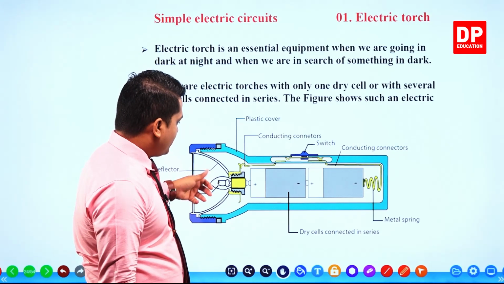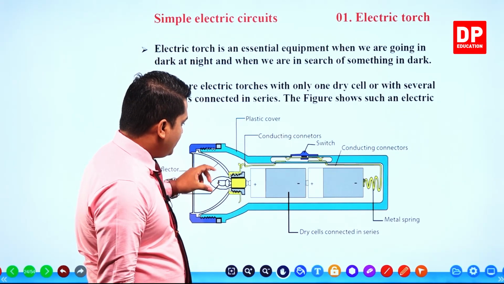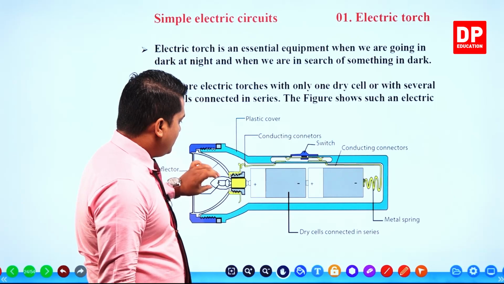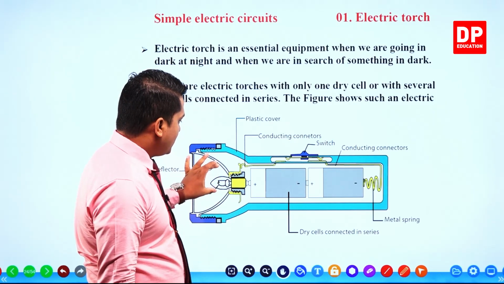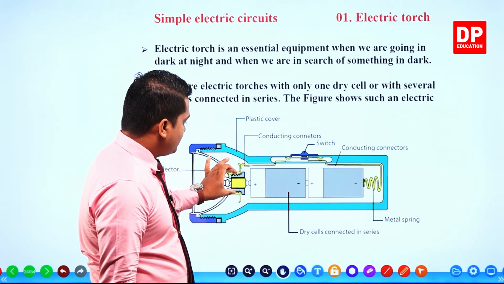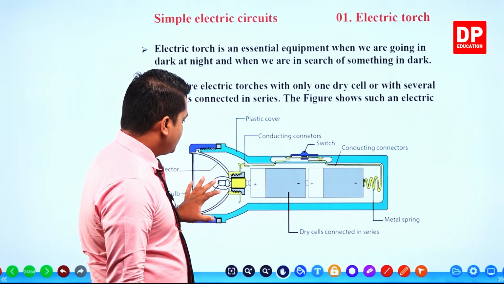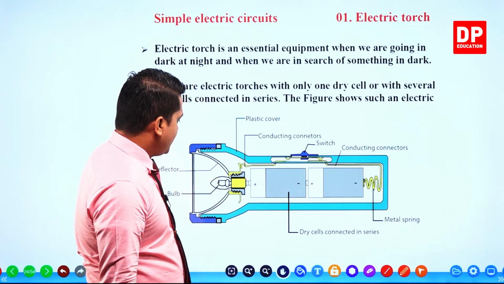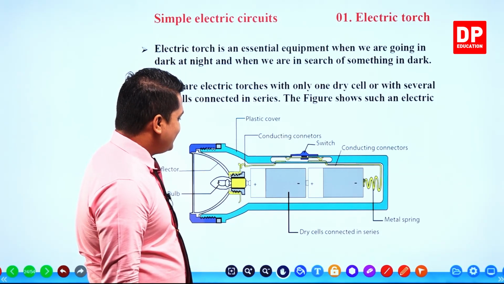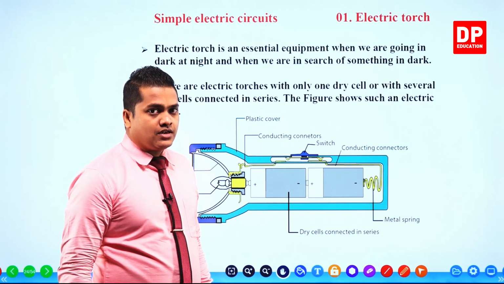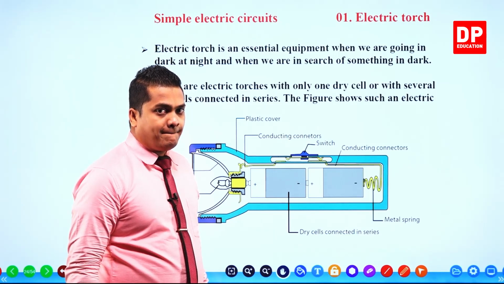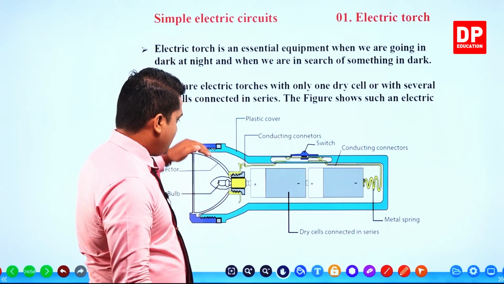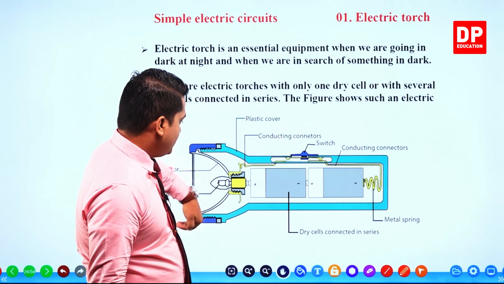You can rotate this bulb here and there; it has a holder. The surface is curved and has a concave shape, like this.